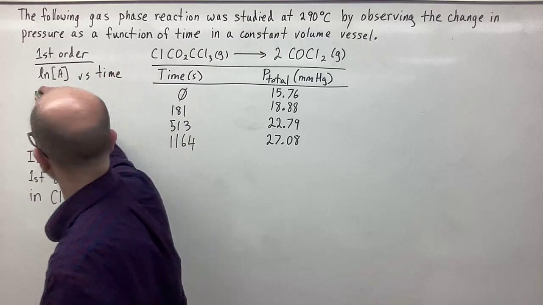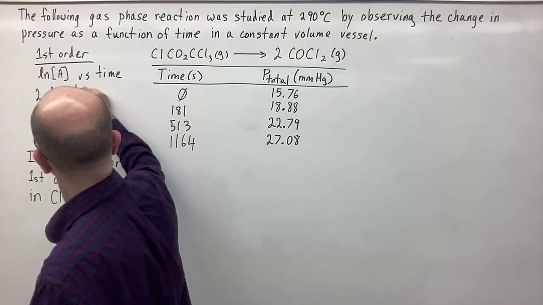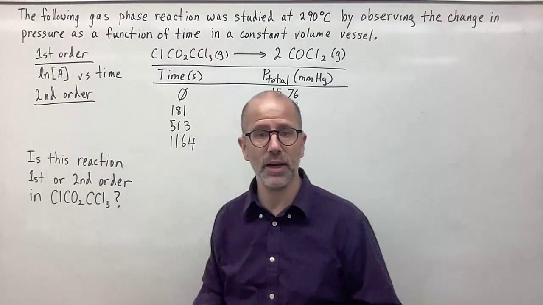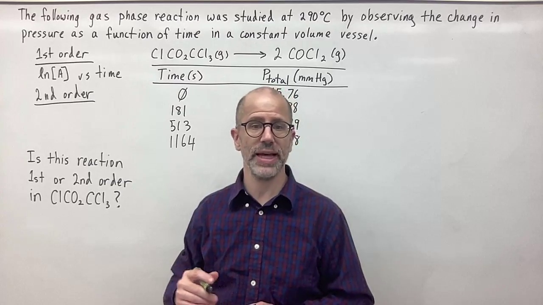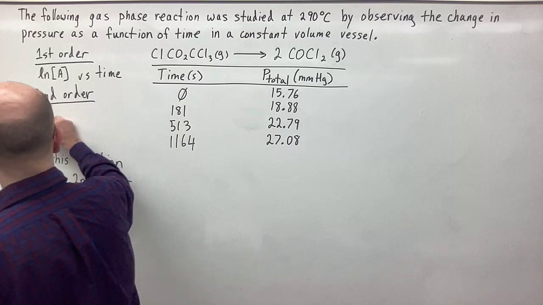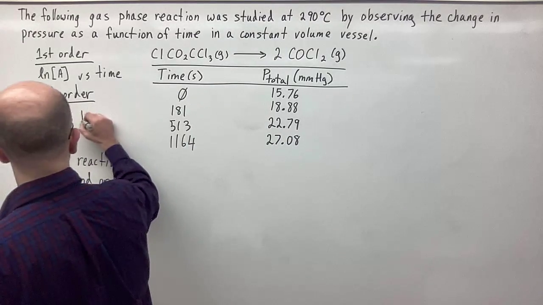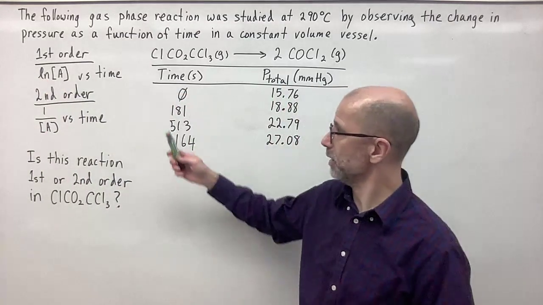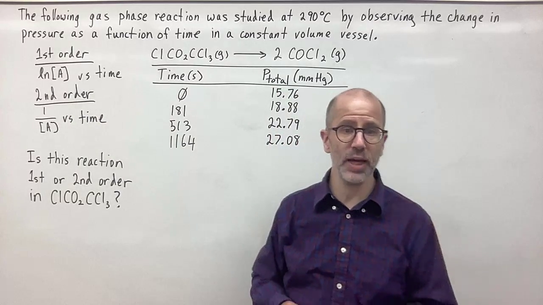And for second order, we need to look at 1 over the concentration of substance A versus time. So we need to find the concentration of A, or in this case, the pressure of A over time.